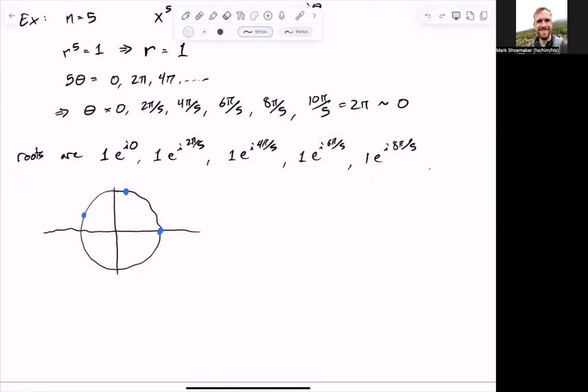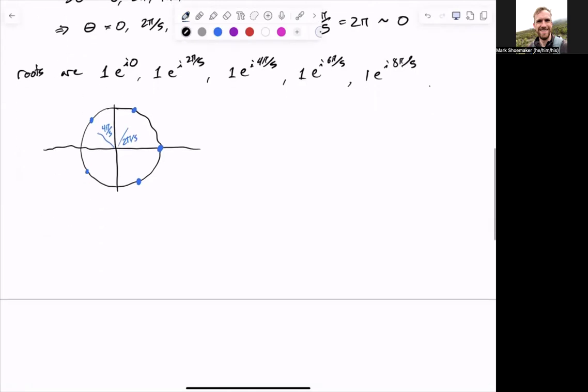Try to draw them sort of accurate. Something like this is the fifth roots of unity. So this one's at 2 pi over 5, 4 pi over 5, etc. Okay, so that's how you find fifth roots of unity.